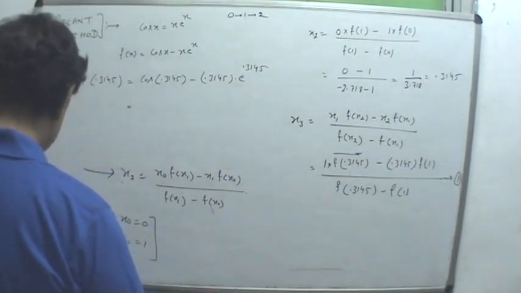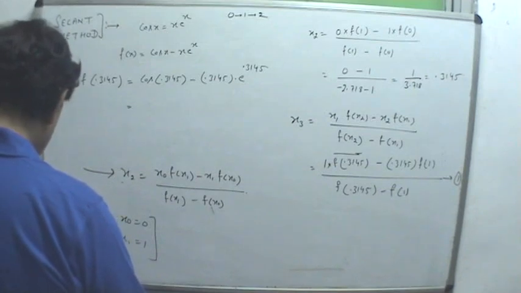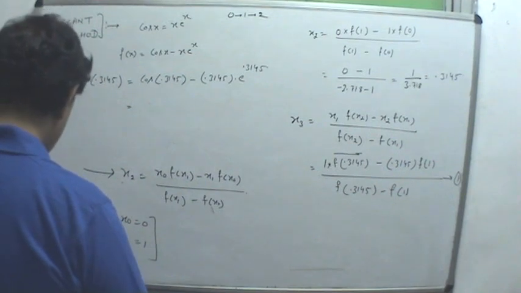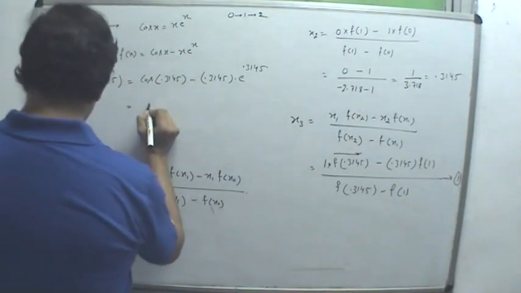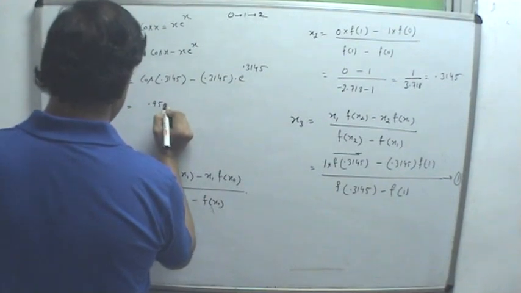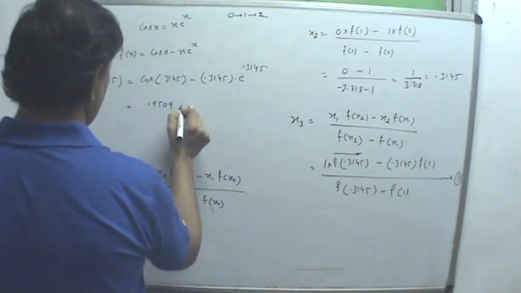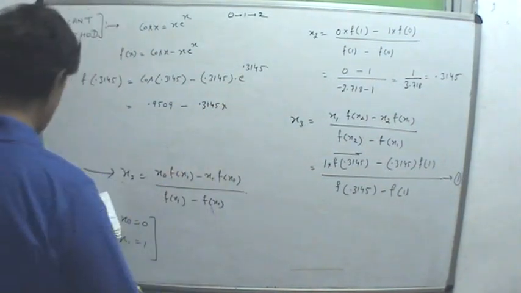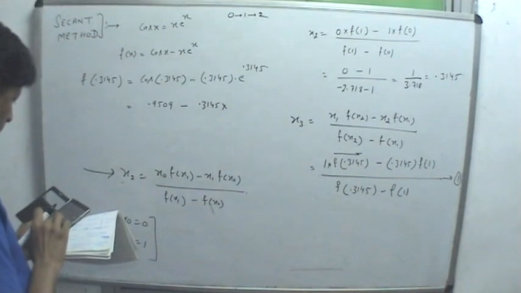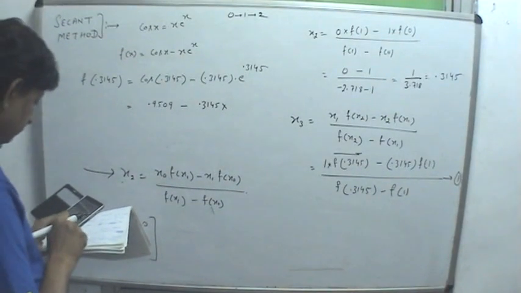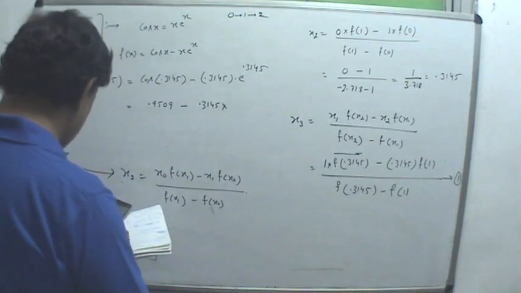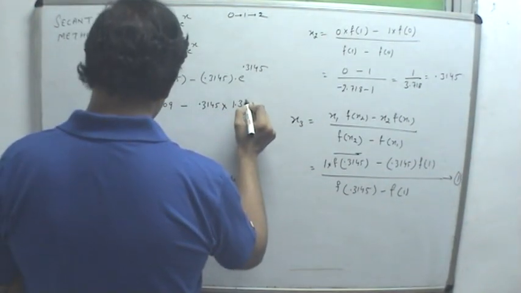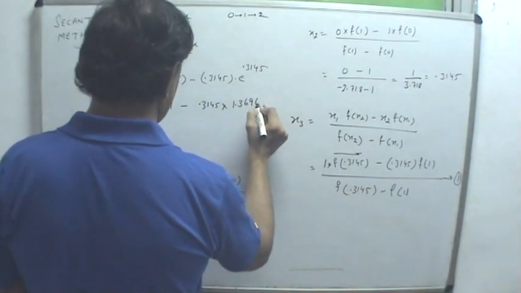Cos 0.3145 comes to be 0.9509 by approximating, minus 0.3145 into e raised to the power 0.3145, which comes to be 1.3696 by approximation.